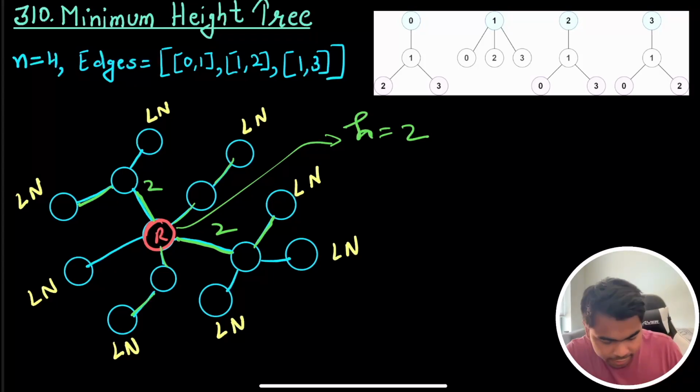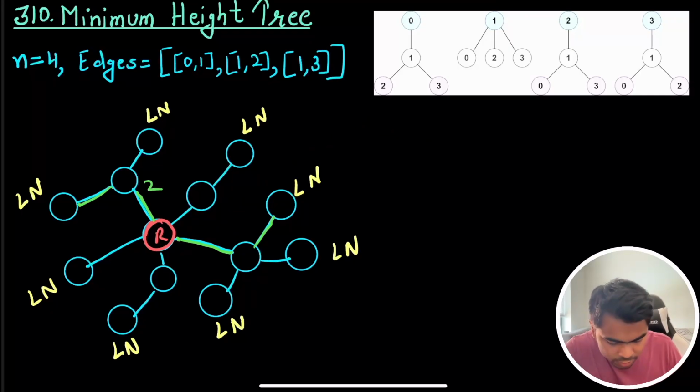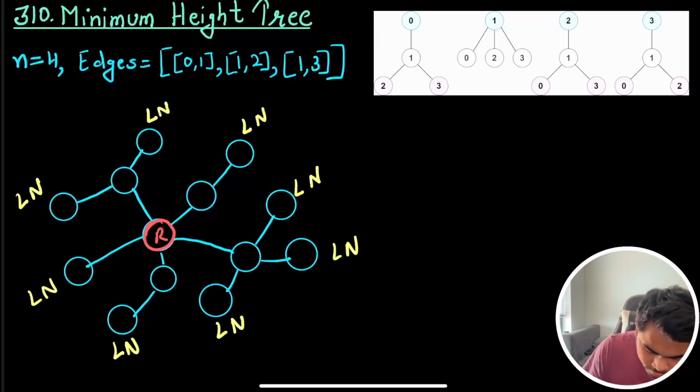And that's not just about choosing this one as root. It's all about choosing anything in the middle. Maybe I might want to choose this one as my root, and if I choose that one, again this gives me 1, 2, 3, or 1, 2, 3.